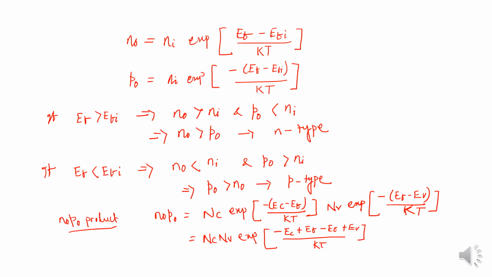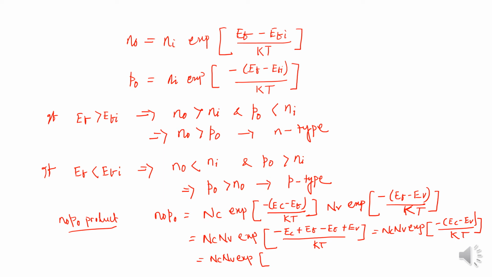That gives NC NV exponential of minus of EC minus EV divided by kT. Okay, that is NC NV exponential of EC minus EV.